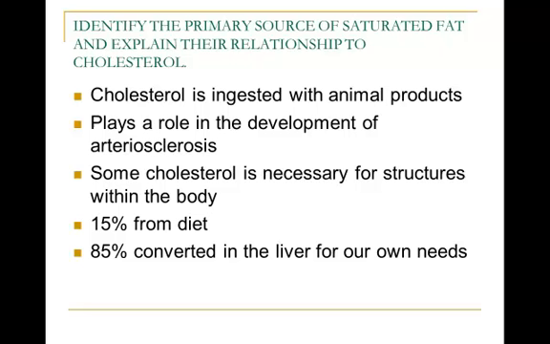Sclerosis means hardening, and arterio refers to arteries. We get about 15% of our cholesterol from our diet, and 85% is made in the liver for our own needs. So we make some and we eat some. Sometimes when people go on a low cholesterol diet to try to decrease their cholesterol, they don't always achieve that goal because, of course, their own body is making it for them.